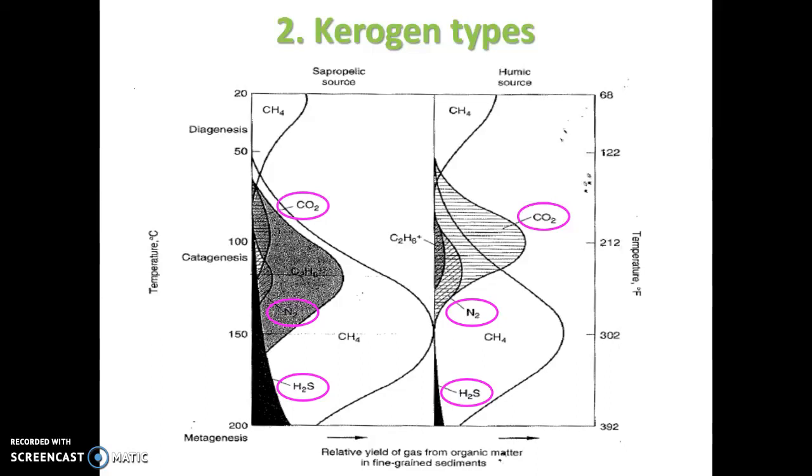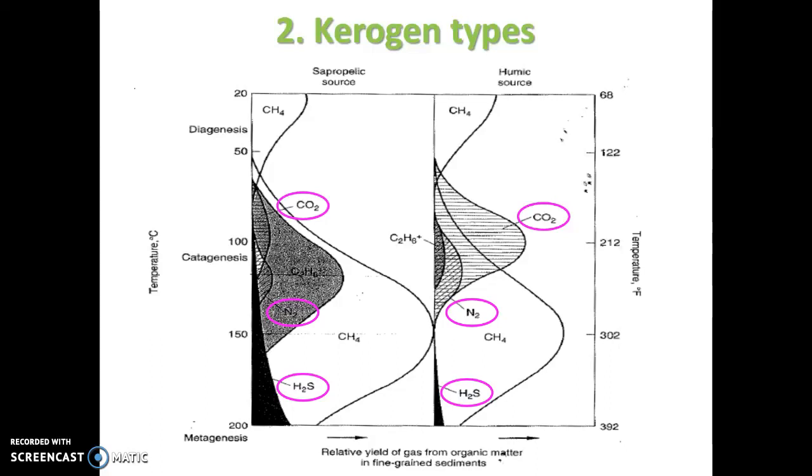If you can see here, there is no show of carbon dioxide and hydrogen sulfide in the diagenesis stage, because at this stage very little of these compounds survive due to early microbial and chemical reactions.